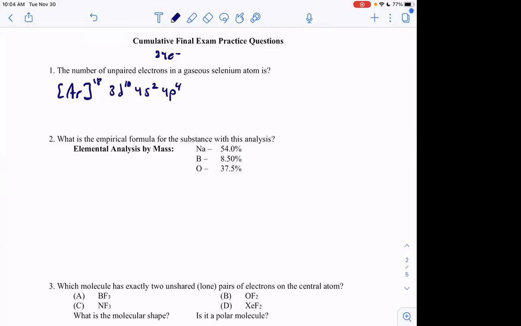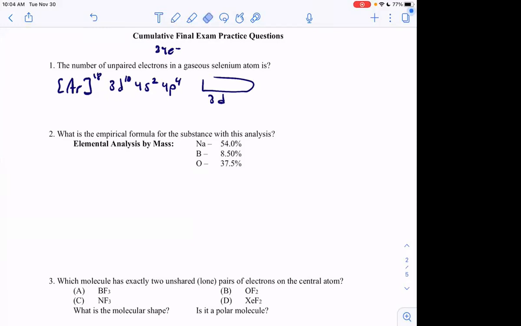Now you might say, oh, there's 4 electrons, but you have to realize the way the p orbitals fill. If you just look at that, you could do all of this. You don't need to do all of it, but 3d, 4s, and 4p.